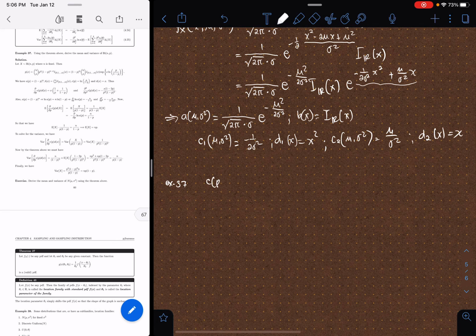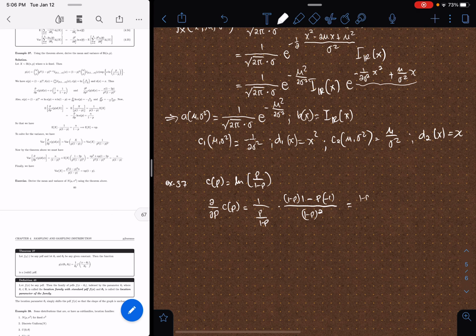Ang C of P natin is ln of P over 1 minus P. So, the partial with respect to P of C of P is equal to 1 over P times P over 1 minus P times the derivative of P all over 1 minus P is low d high. So 1 minus P times 1 minus high d low, negative 1, over 1 minus P squared.